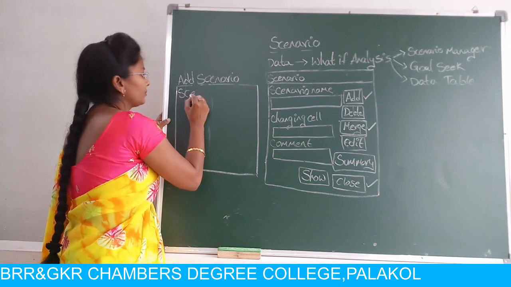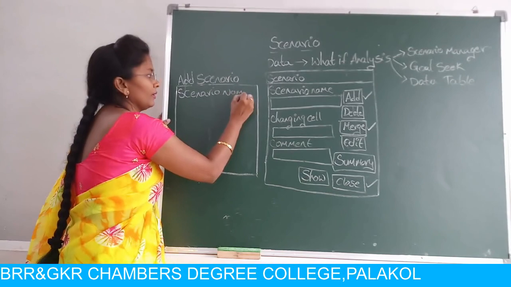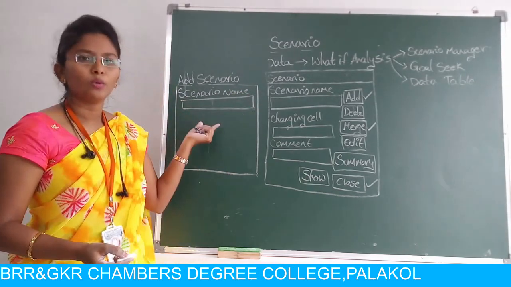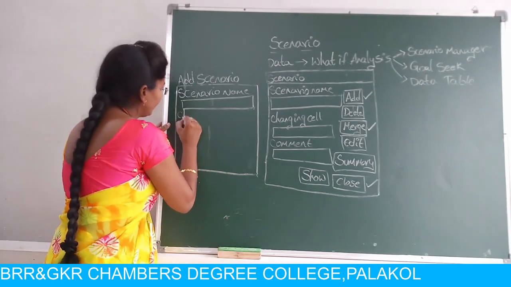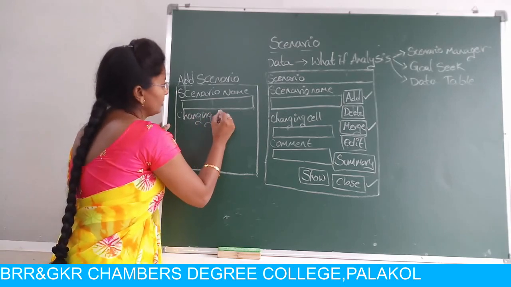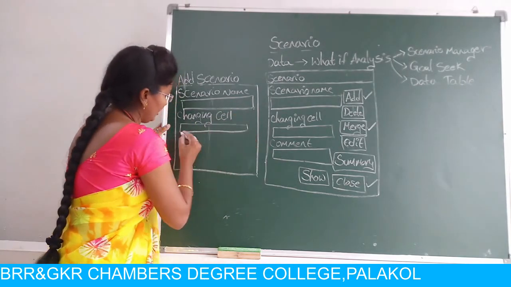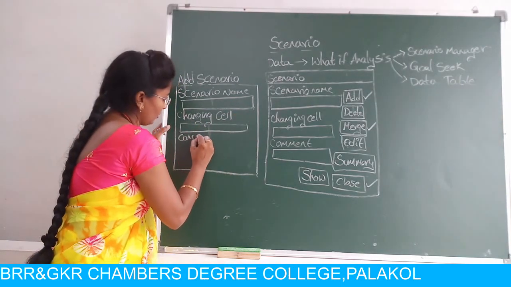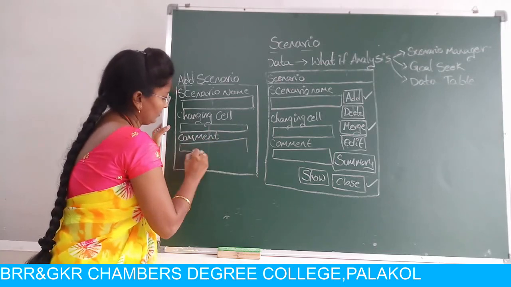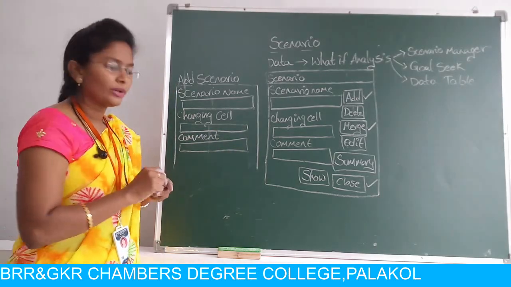Scenario name, and again one box will appear in this dialog box, and the next one is the changing cells box, and then the next one is the comment box, and at last the protection.